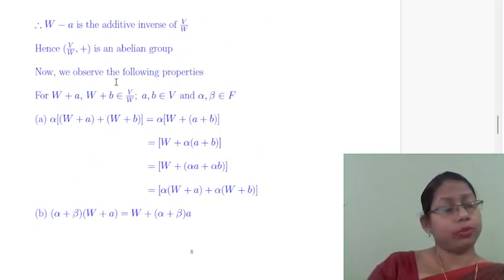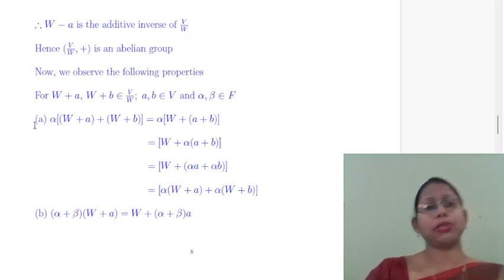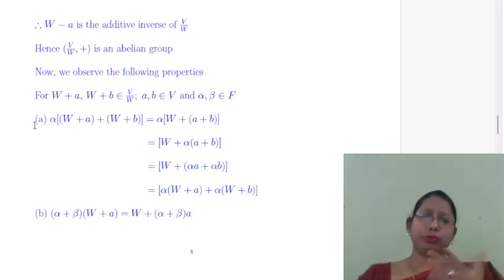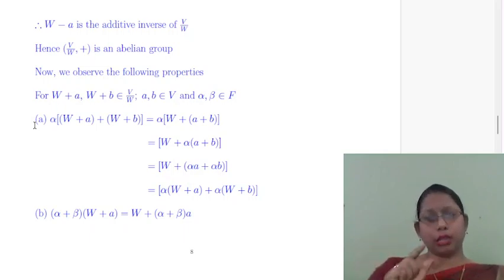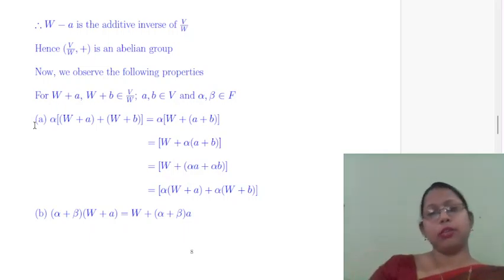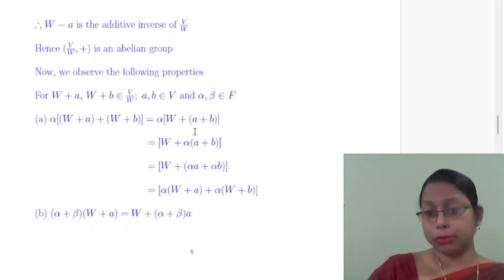Next, we are going to check the remaining four properties for a set to be a vector space. For that, we consider two elements W + A, W + B belonging to V/W, and alpha, beta belonging to F. Now, alpha((W + A) + (W + B)) is equal to alpha(W + (A + B)) by using the vector addition in V/W.